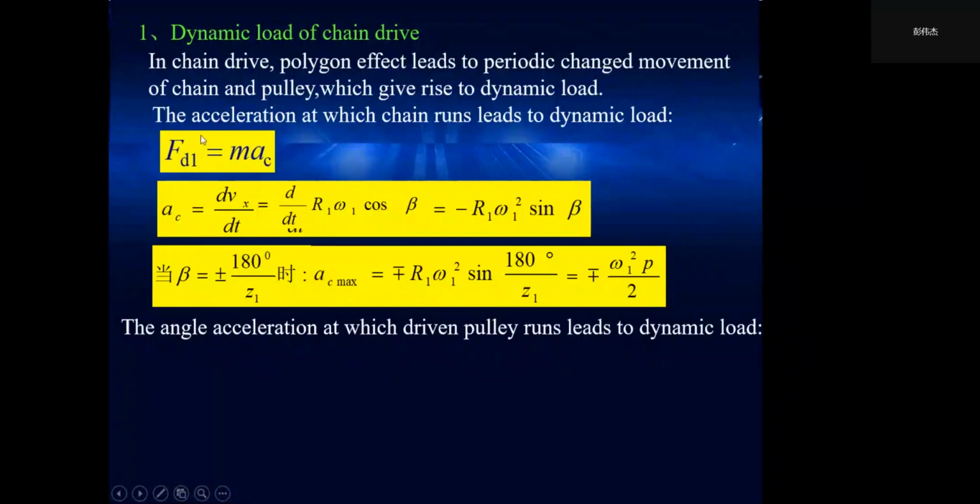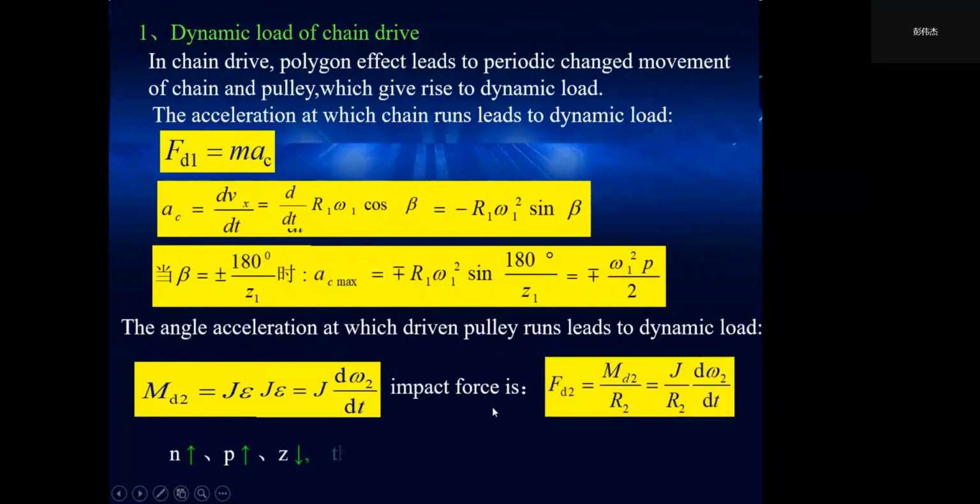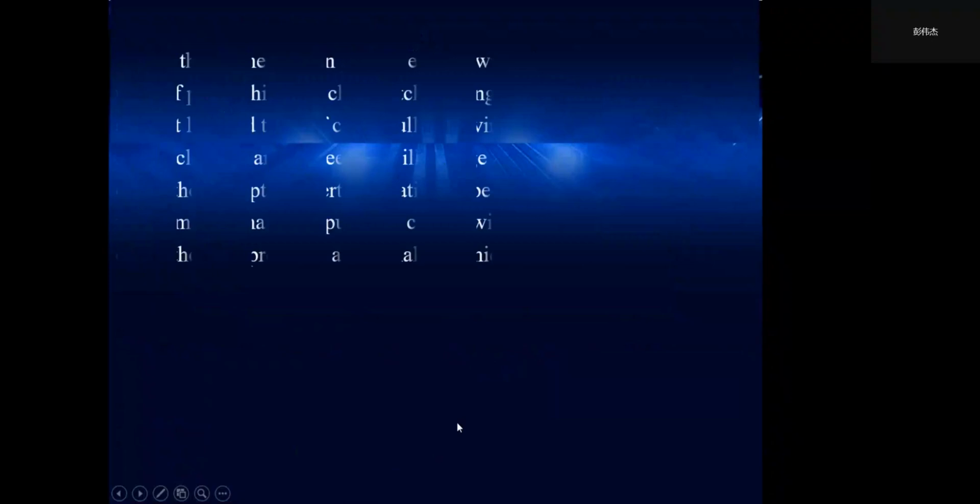Load FD1 is M times a, and then we can know the impact force FD2. And if we increase N and increase the pitch P or decrease the sprocket teeth Z, then the FD1 will increase.